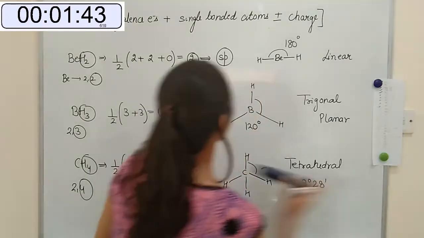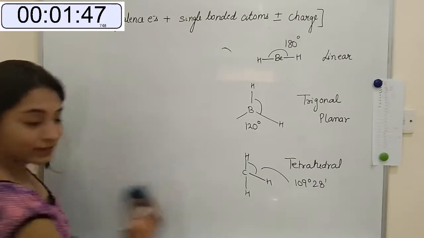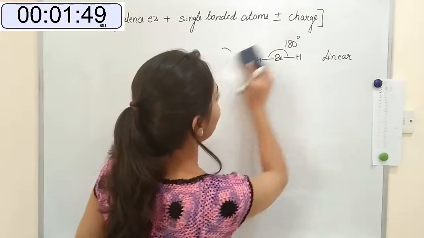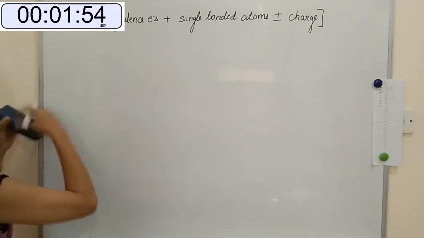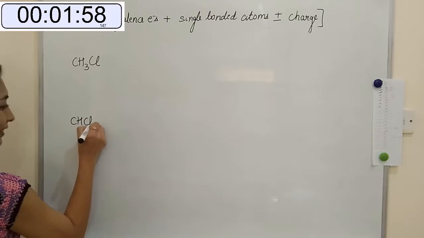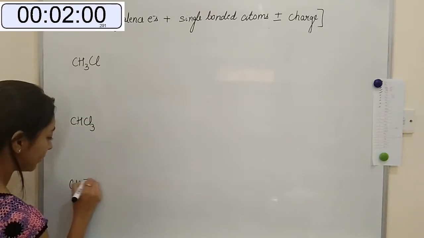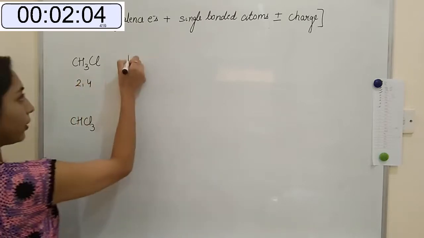Now moving to the next question, 3 questions we have done. We will do all the questions in a set of 3. Next is BH3. Oh, BH3 we did. Let us talk about CH3Cl. Let me talk about CHCl3. Let us talk about CH3 positive. All of them are carbon, so valence electrons is 4.